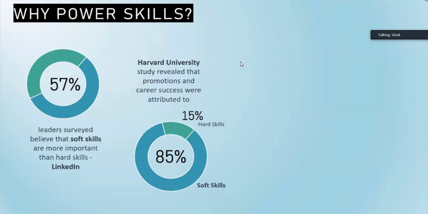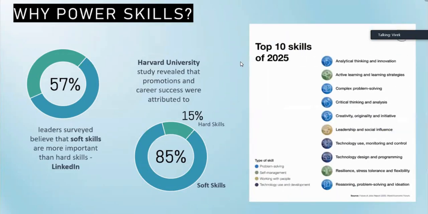And Harvard University also did this study, which reveals that 85% contribution to promotions and career success is attributed to soft skills. However, only 15% is what hard skills contribute, right? And that's the importance of soft skills. There's another data point here, done by the World Economic Forum.